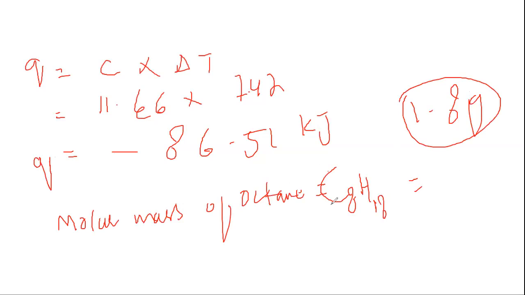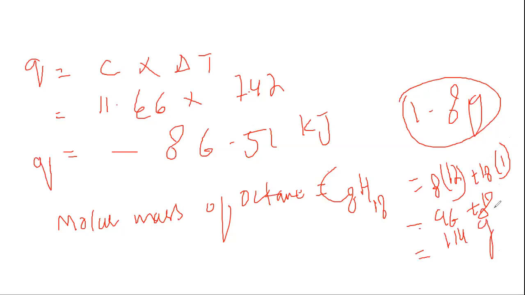So the atomic mass of carbon is 12, multiplied by 8, plus the atomic mass of hydrogen is 1, and the total number of atoms is 18. 12 times 8 is 96 plus 18, then the sum will be 114 gram per mole. This is the molar mass of octane.